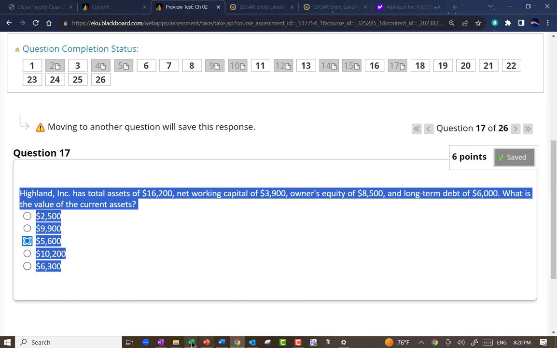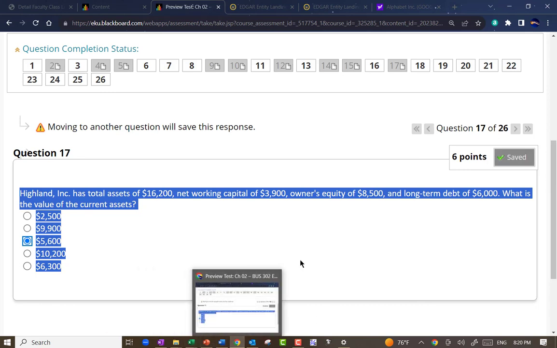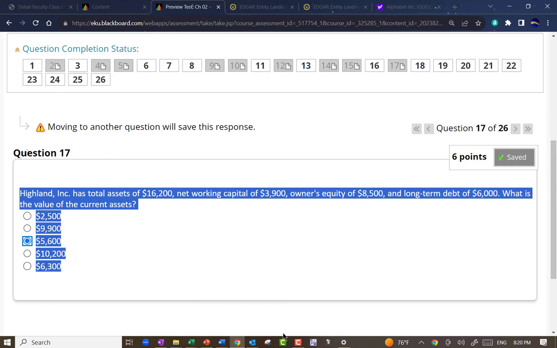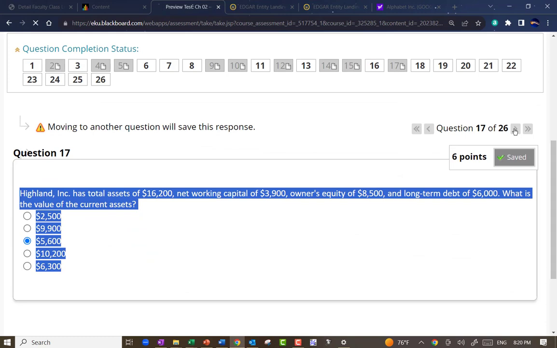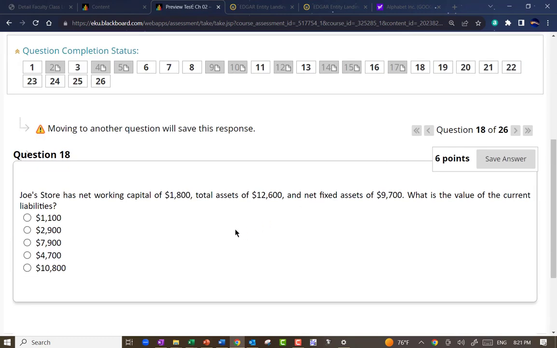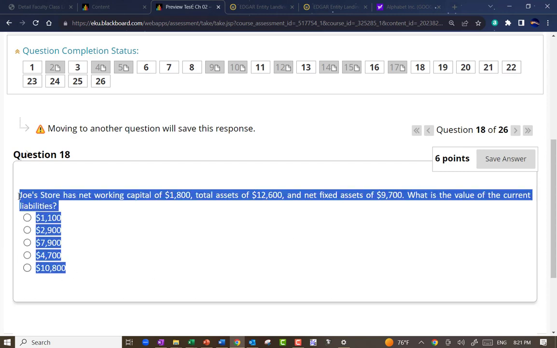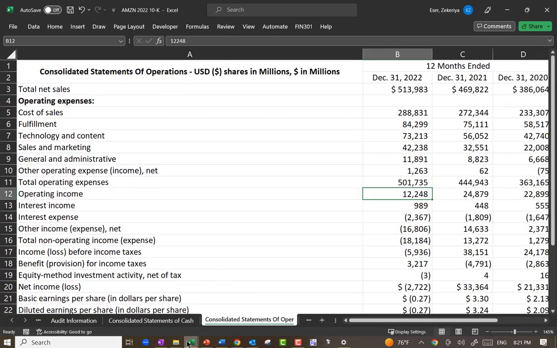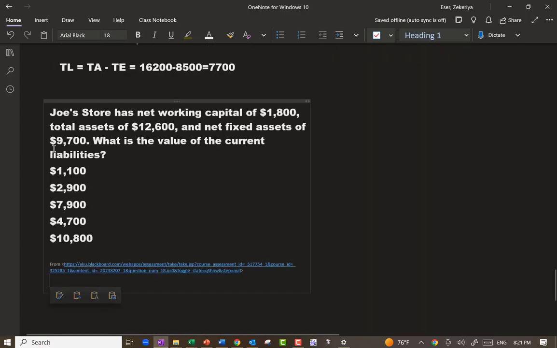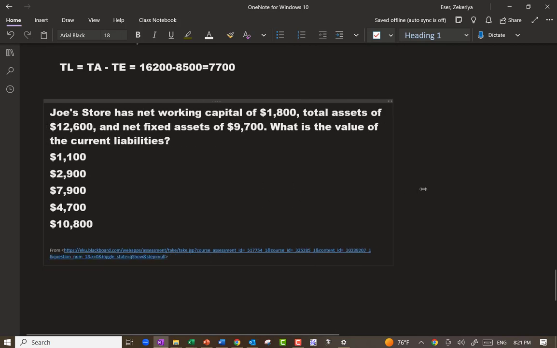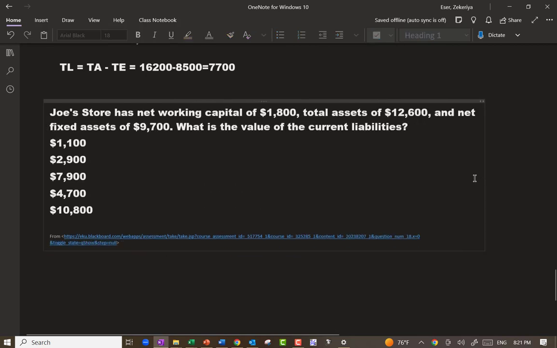Right here. Now you know net working capital, total assets, net fixed assets.